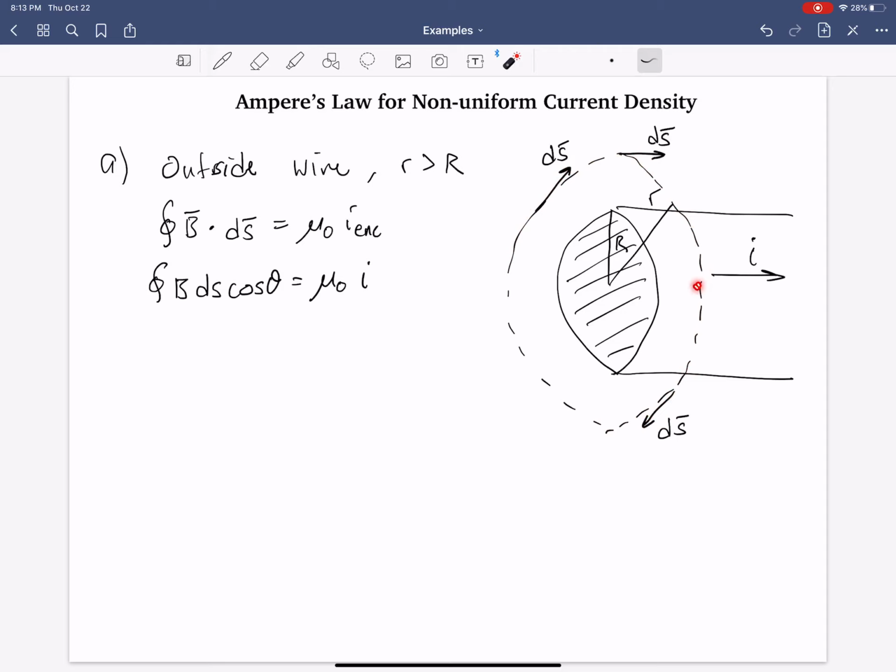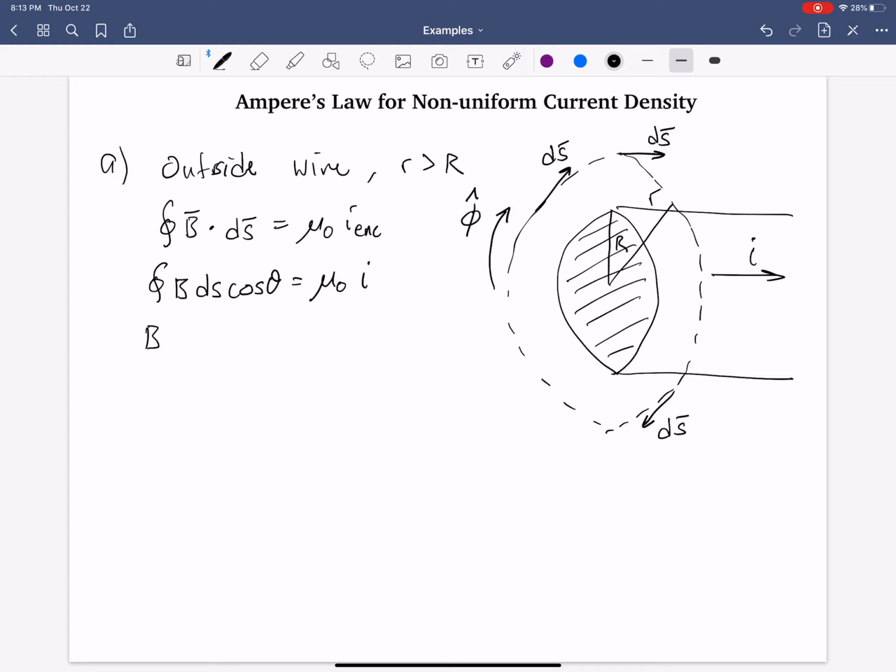Such that in front of this wire, the field would move down. Behind the wire, it would move up. On top, it would move towards you. The bottom would move away. Okay, so we call that direction, let's do it here, the phi direction, the phi hat. In cylindrical coordinates, it's the phi hat direction.